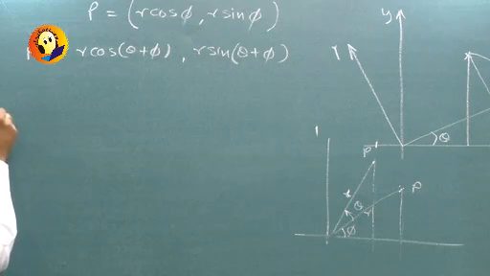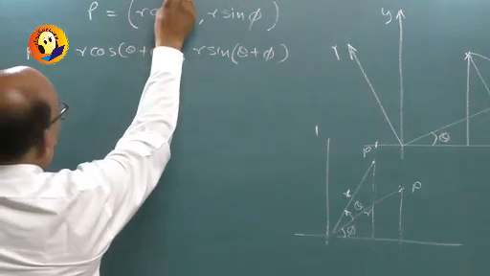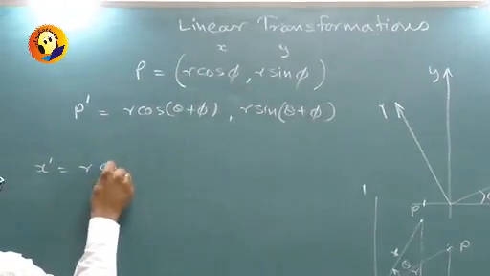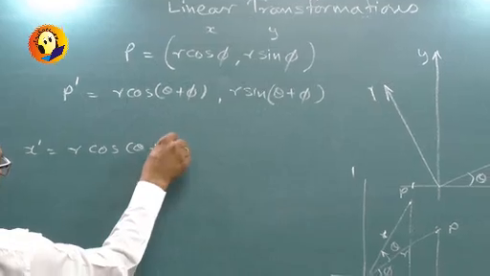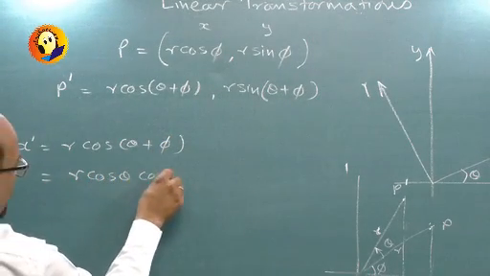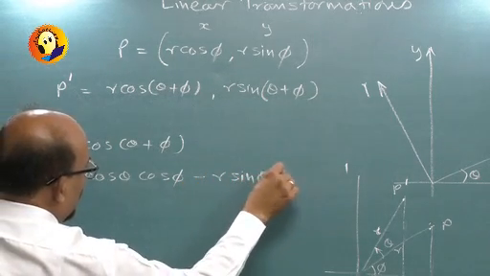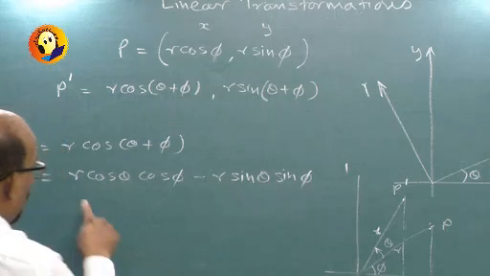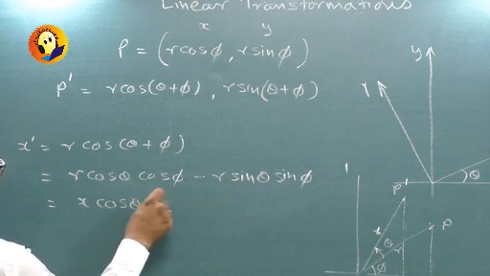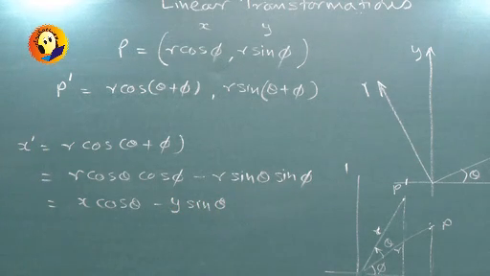So suppose we take that x dash, which is r, I call these 2 points as x and y. So r cos of theta plus phi. What is cos of theta plus phi? It is r cos theta cos phi minus r sin theta sin phi. Out of that, r cos phi is my x, so it is x cos theta minus y sin theta.